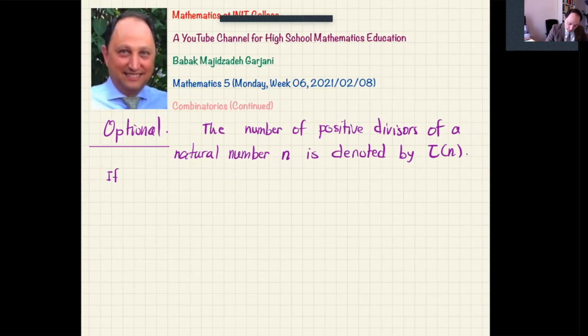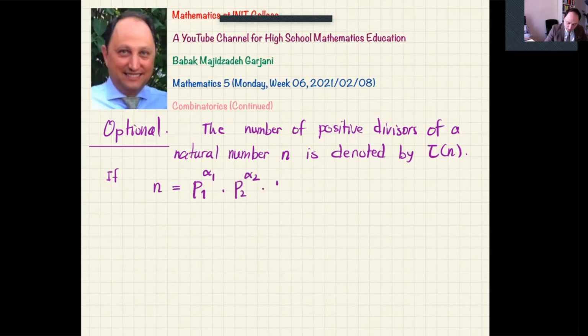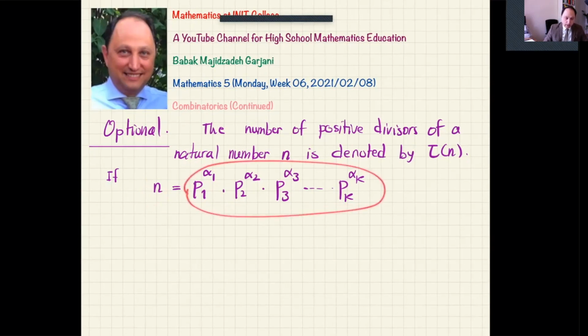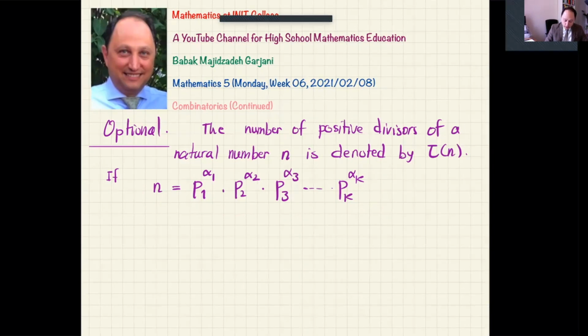If you factorize n into prime numbers, let us say it is p1 to power alpha 1 times p2 to power alpha 2 times p3 to power alpha 3 up to pk to power alpha k. Assume that you have a natural number and you factorize it into prime numbers, you get a combination like that in which p1, p2 up to pk are distinct prime numbers, and alpha 1, alpha 2, alpha 3 up to alpha k are natural numbers.